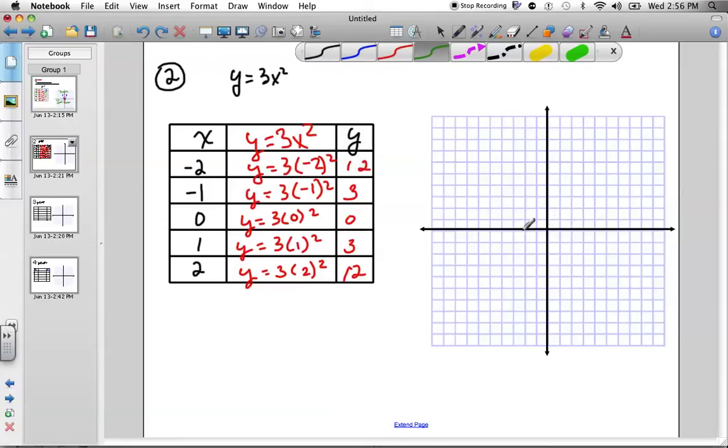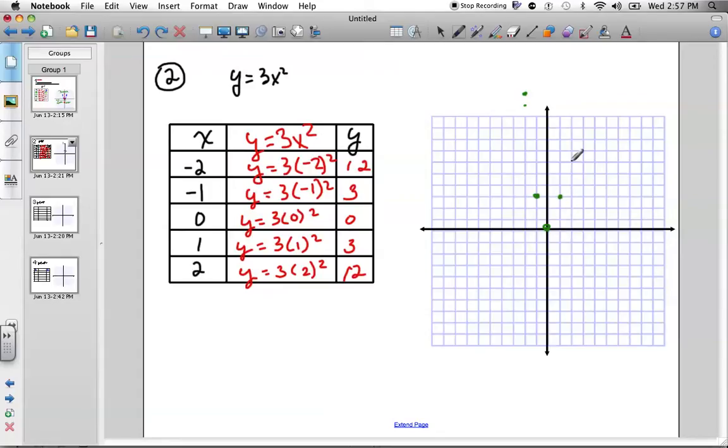So we're going to end up plotting the ordered pair -2, 12. And we're just a little short on our graph here, so we're going to have to go up a little more. -2, 12. -1, 3. 0, 0. 1, 3.